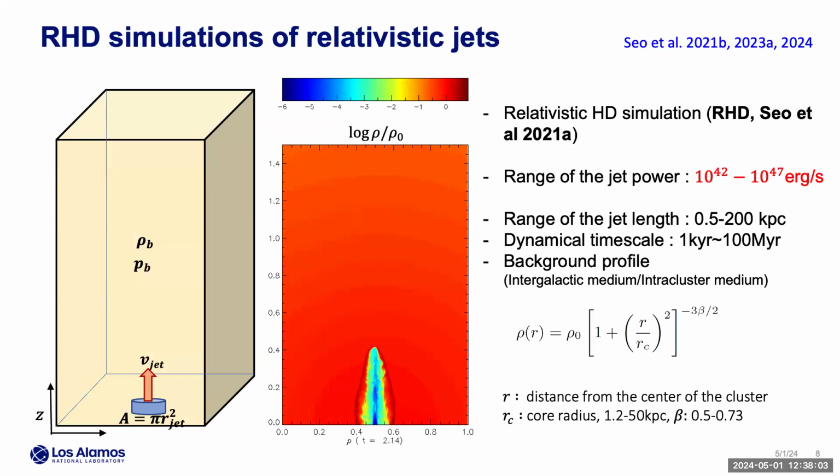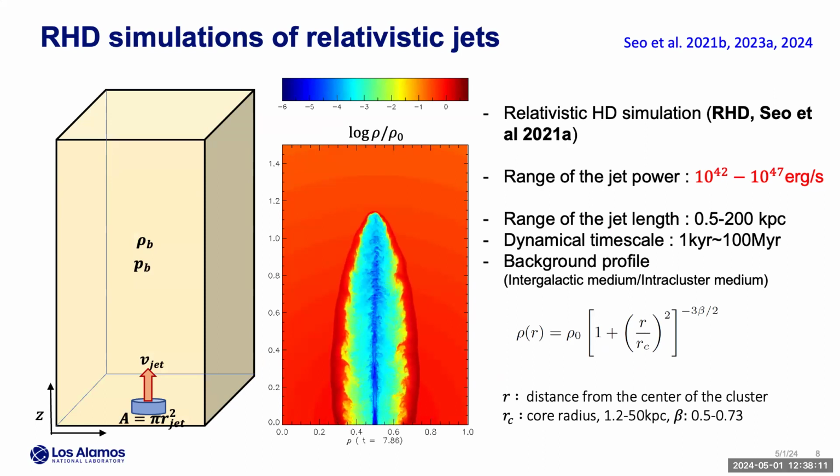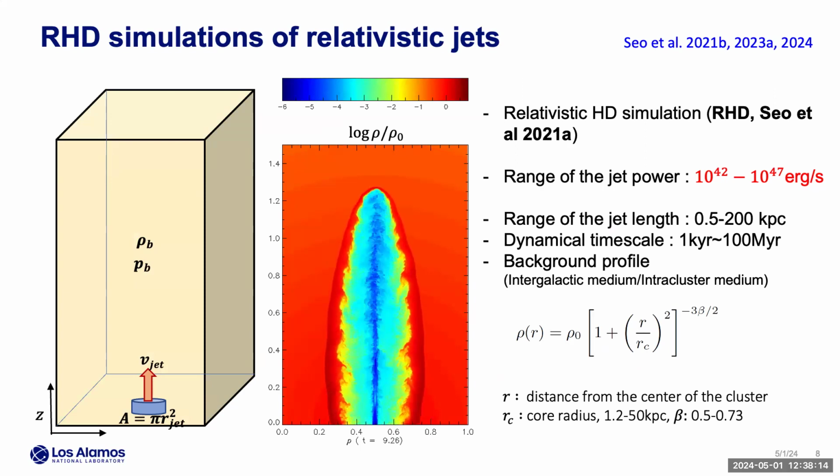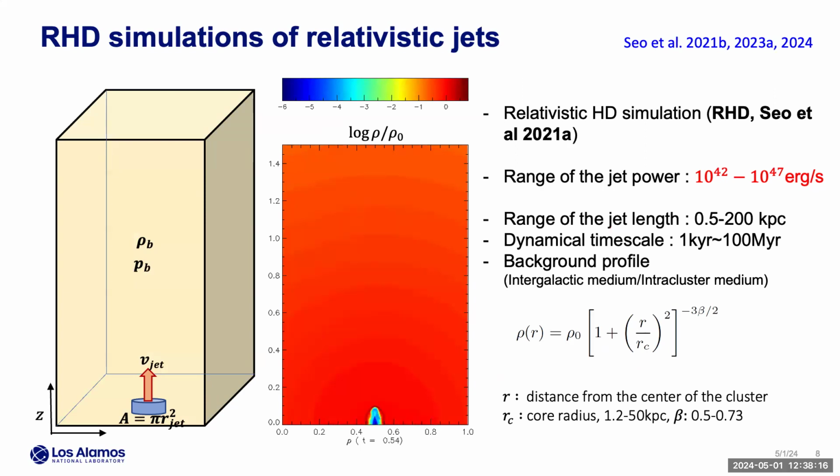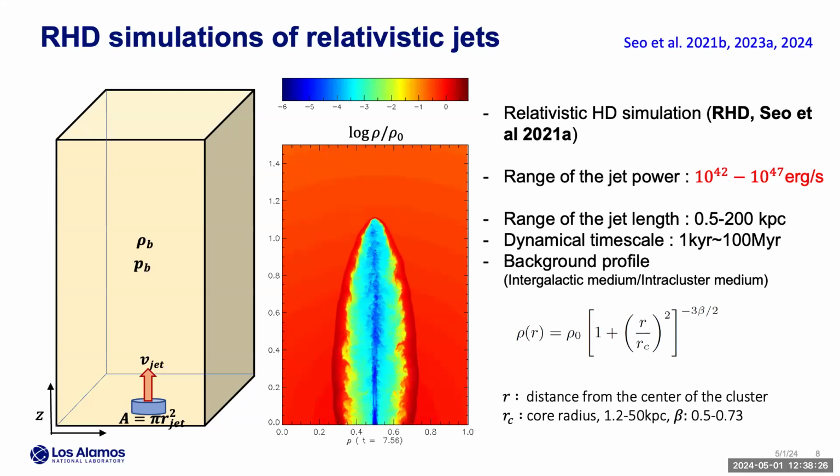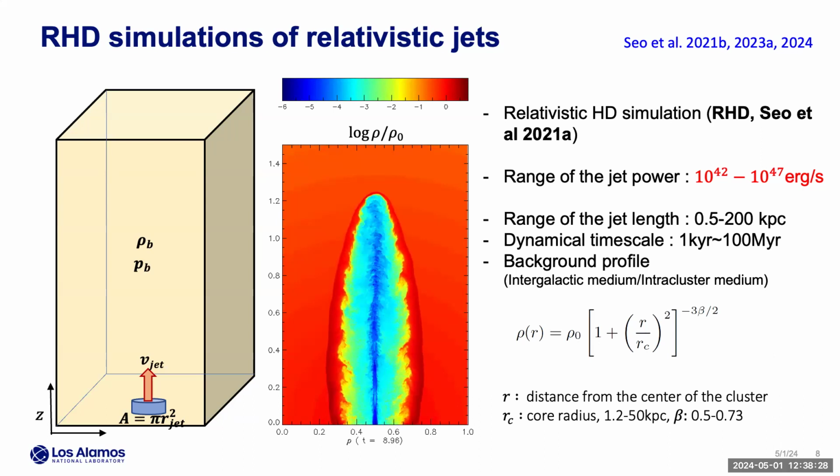So we perform a relativistic hydrodynamic simulation here. This cartoon shows the initial condition of this study. It is a 3D simulation, and this is one of the animations of the slice view density profile. We perform the relativistic hydrodynamic simulation with our newly developed high order code.